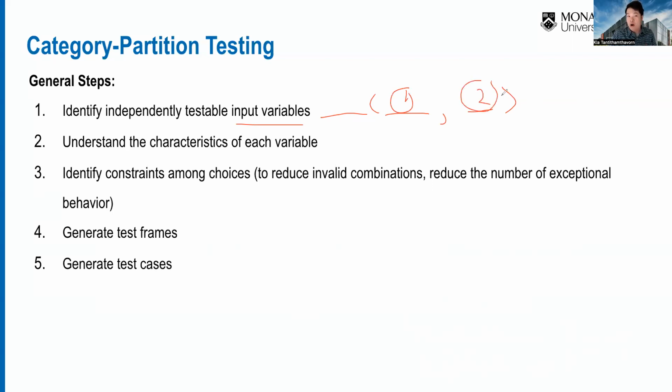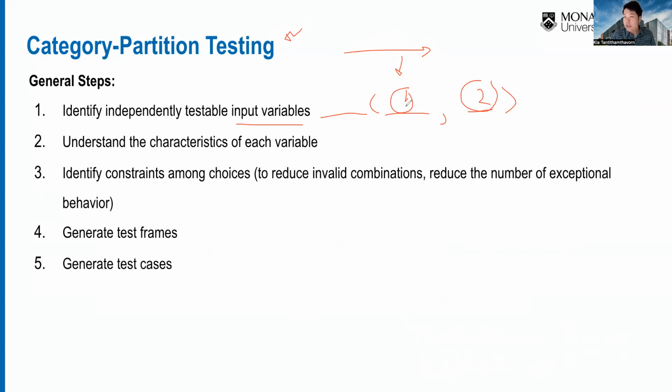Probably we should have two or more, so we can use category partition testing. The next step is to understand the characteristics of each variable, whether it is in a category or not. The input can be an integer, right?